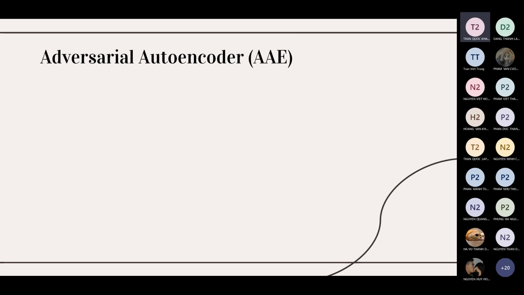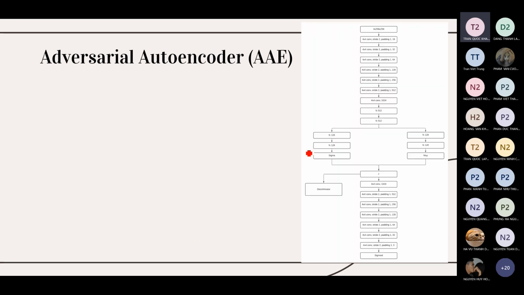So we propose the second model, the adversarial autoencoder, and you can see here the picture of its architecture.